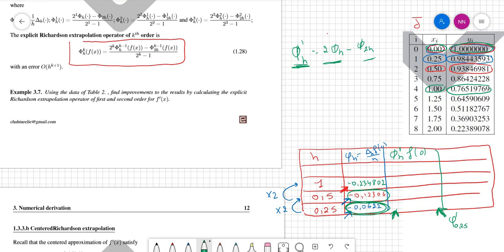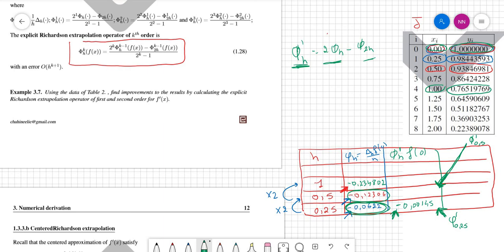So it's 2 times minus 0.0622 minus 0.12306, and it will give a number like minus 0.00145, etc. Okay, then what's in here, I will make it a bit long to write down. It's phi_1(0.5), which is 2 times phi(0.5) minus phi(1).